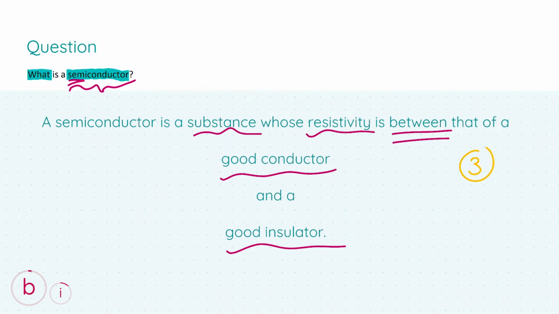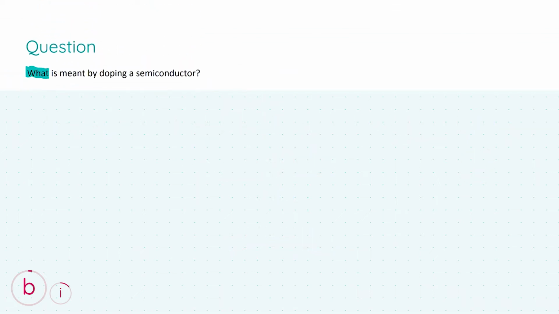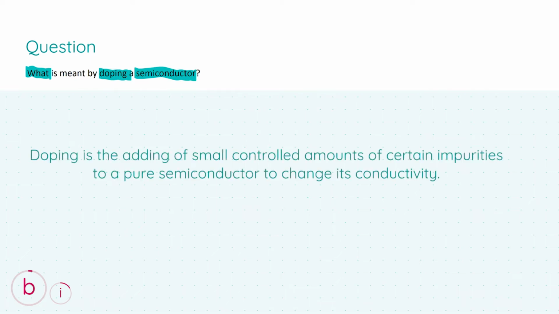And because we were talking about the RAM chips and how they were working with doped semiconductors, they're going to naturally ask us what is meant by doping a semiconductor. So basically, doping is the adding of small controlled amounts of certain impurities to a pure semiconductor to change its conductivity.